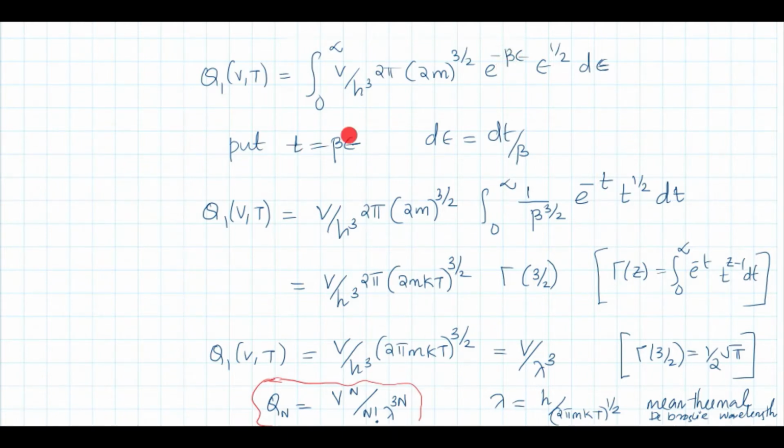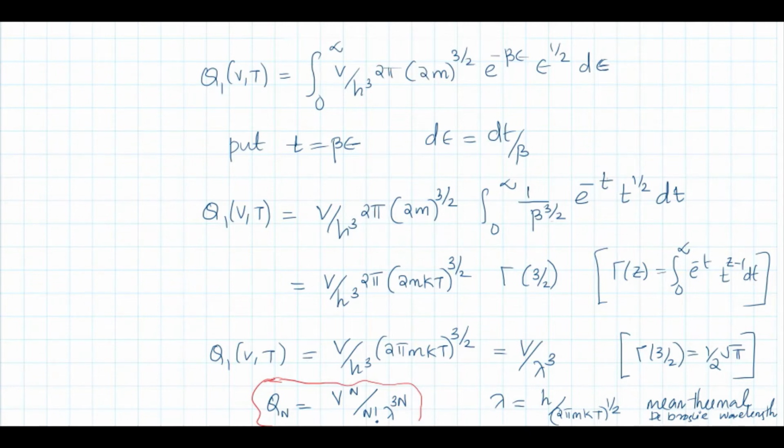Then dε becomes dt by β, and ε becomes t by β. So substitute for ε raised to half, that becomes t raised to half divided by β raised to half. dε becomes dt by β. So in the denominator you will have β raised to 3 by 2, and this becomes e raised to minus t. All other quantities we take outside.